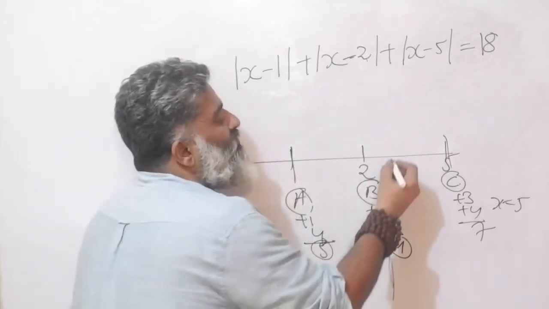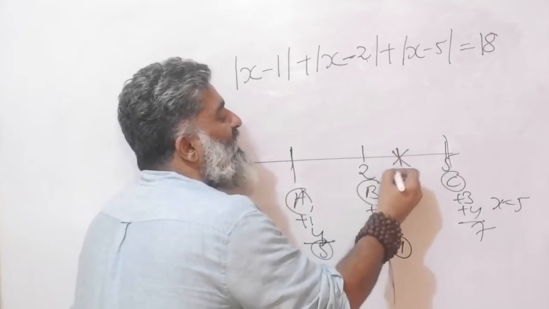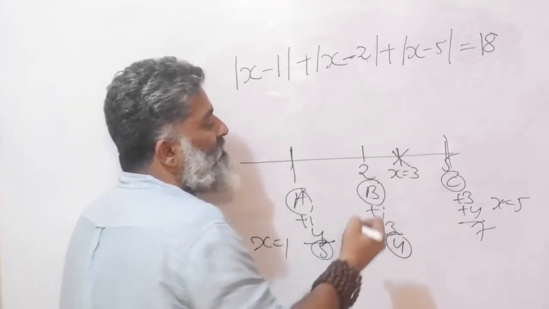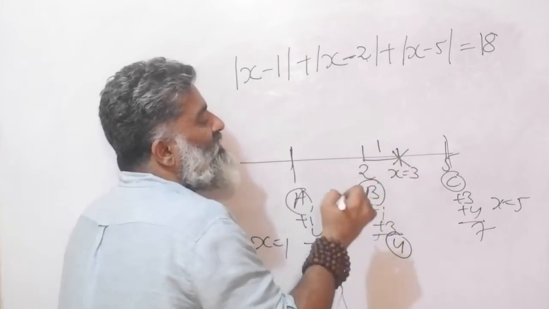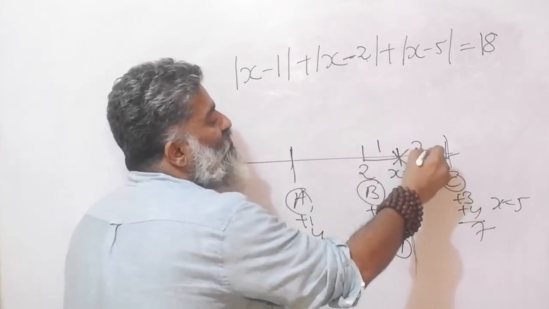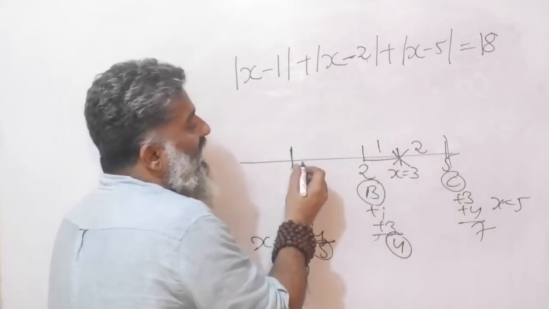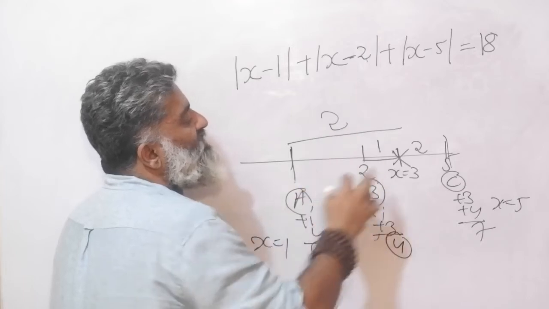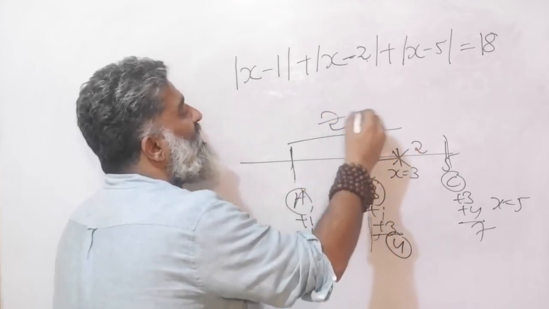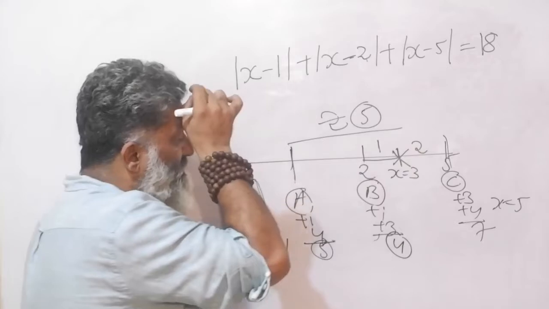Play around a little more. What if the meeting point is at x is equal to 3? In that case, B will travel 1 unit, C will travel 2 units, so 2 plus 1, 3, and A from 1 to 3 will also travel 2 units, so 3 plus 2, you are getting the total distance as 5.